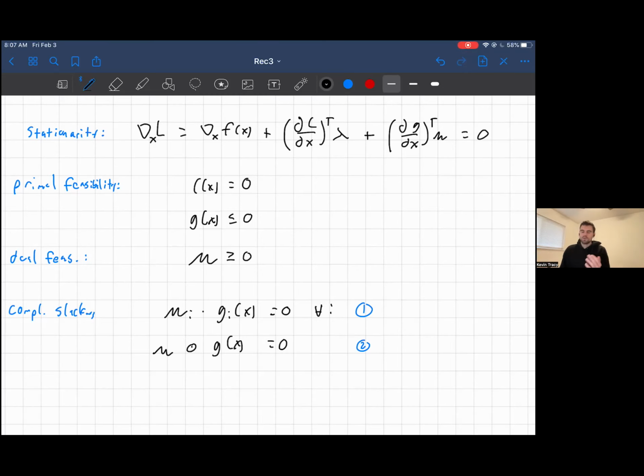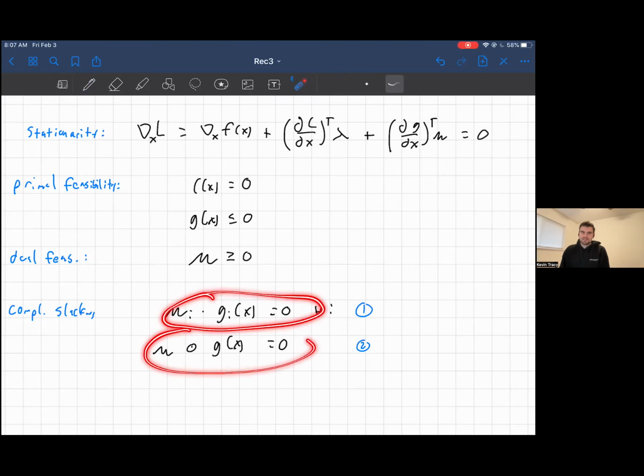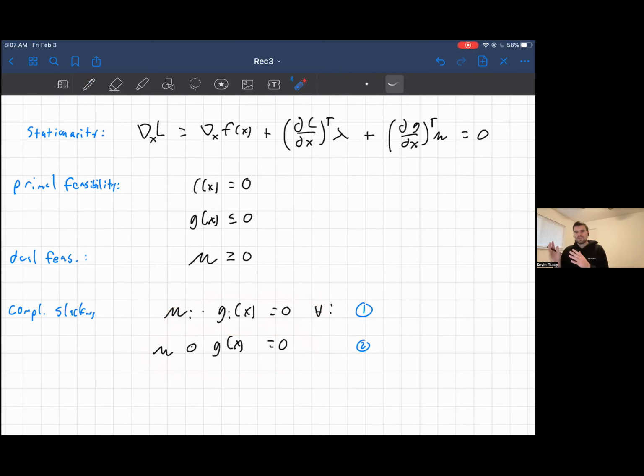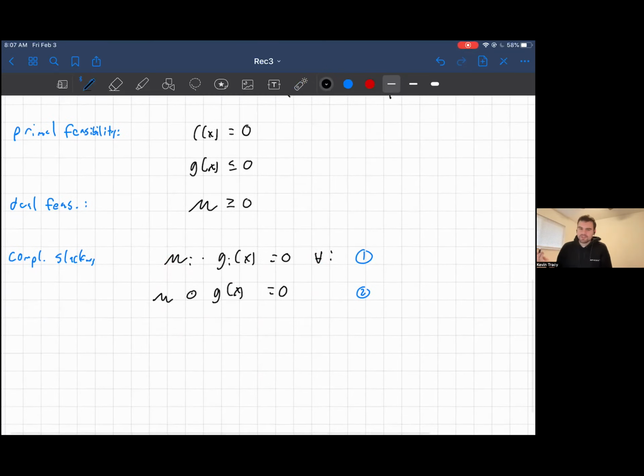So this is just element-wise multiplication. So again, this is the same as this. I'm just saying that for the element-wise product of these things, if one of them is 0, the other can't be 0, and vice versa. And then you'll see another way that this is written down, which I think is actually the least helpful of all of them. This is where I just have mu transpose g of x equals 0.